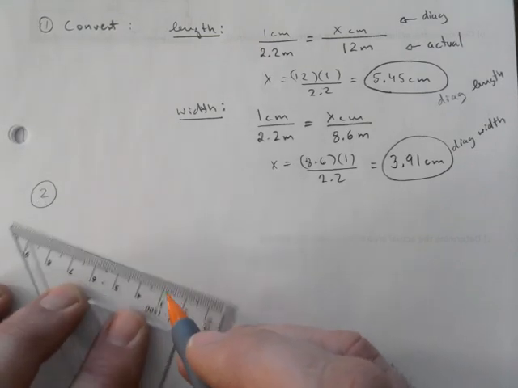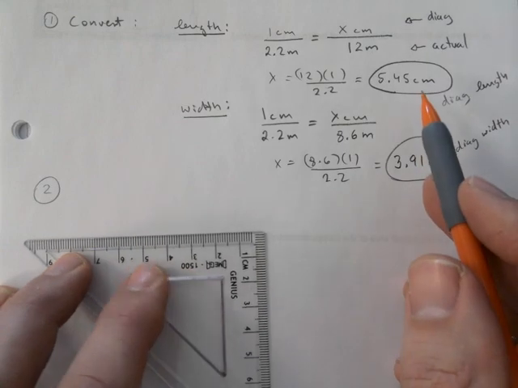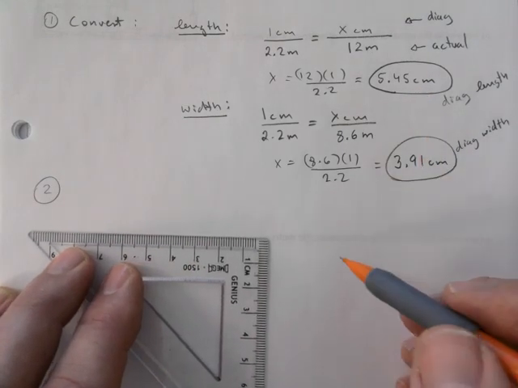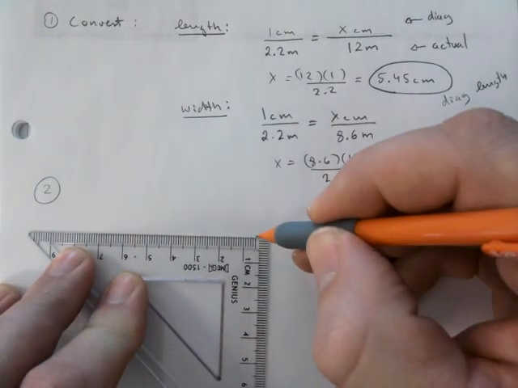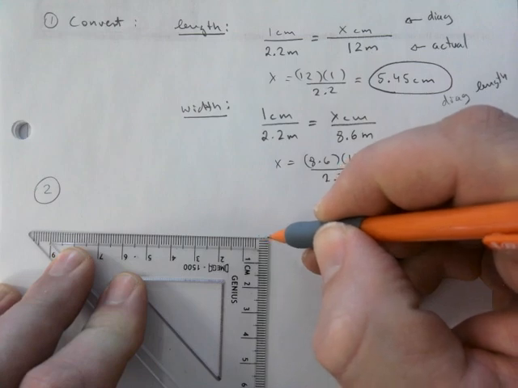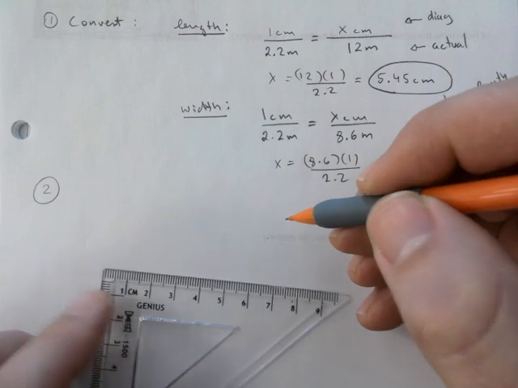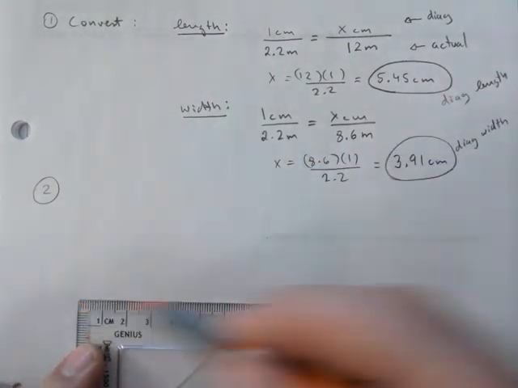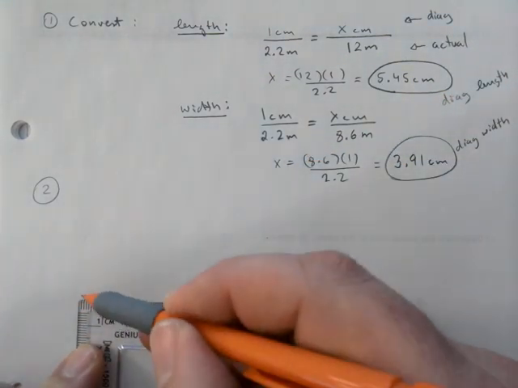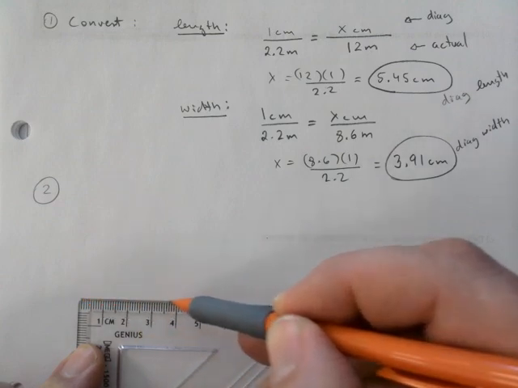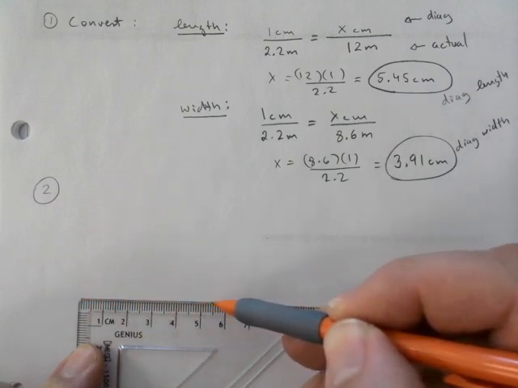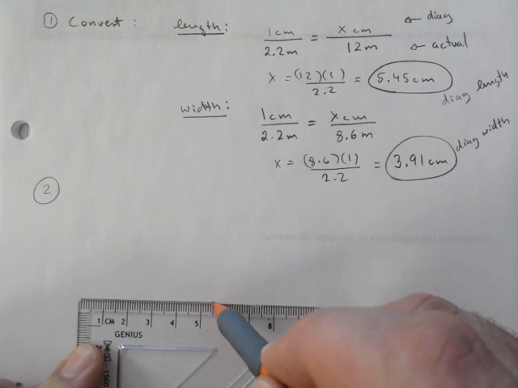So I'm just going to make my length 5.45 centimeters. If you're off by a little bit, it's not the end. So I'm going to go from here. I'm going to start with this one. So my length goes this way, width goes that way. So I'm going to go 1, 2, 3, 4, 5.45 is about almost 5.5, right?